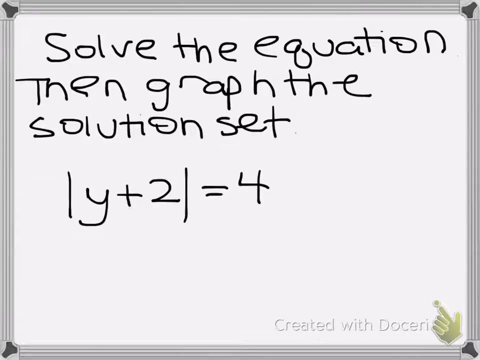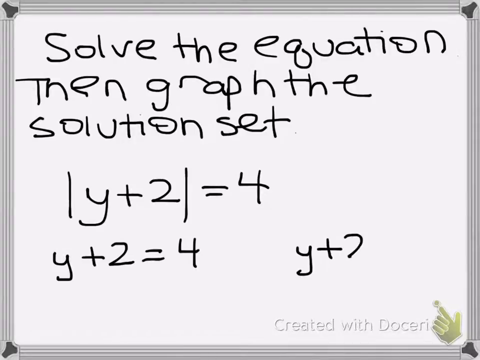You'd have y plus 2 equals 4, which is the exact same thing as the equation given, except I've taken the absolute value symbols away because I've taken the absolute value by giving two cases. So y plus 2 equals 4, and y plus 2 equals -4. So we have the two scenarios that will be on our number line.